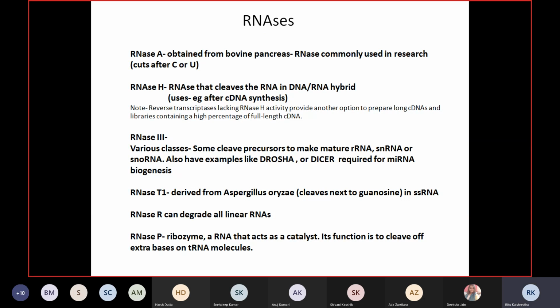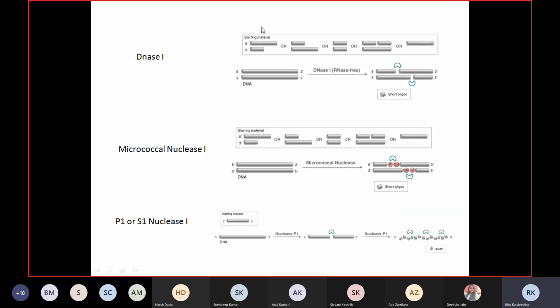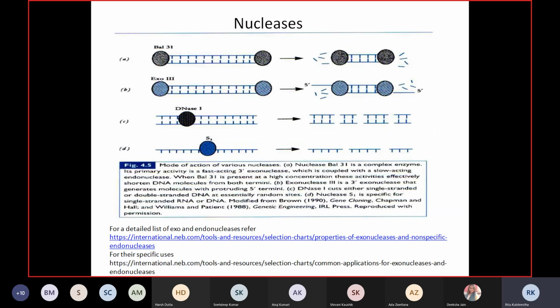Now coming to RNases. As the name suggests, these are the nucleases which are specific for RNA, and they make a cut in RNA. Do they have some preference for a particular base? Yes, in some cases. I also want to tell you, which I forgot with respect to the nucleases I just talked about, that the sources of these nucleases differ.